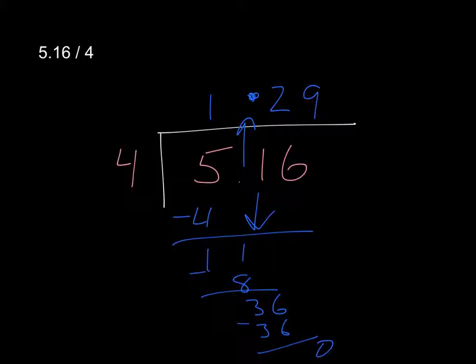Okay, 4 goes into 11 tenths 2 times, which gives us 8 tenths to subtract away, so we bring down the 3 tenths, we bring down our 6 hundredths, so now instead of just 3 tenths, we have 36 hundredths. 4 goes into 36 hundredths 9 times, and that gives you 36 hundredths. So we take away 36 hundredths from 36 hundredths, giving us 0. So we have 1 and 29 hundredths for every group of 4.